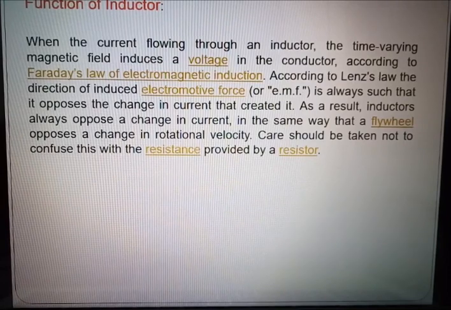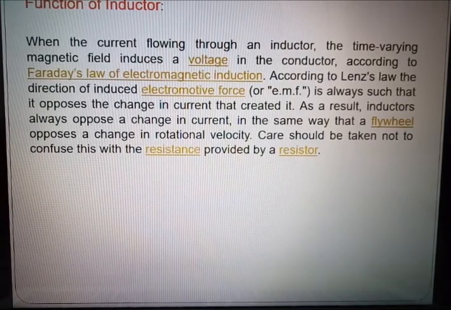As a result, an inductor always opposes a change in current, in the same way that a flywheel opposes a change in rotational velocity. Care should be taken not to confuse this with the resistance provided by a resistor.